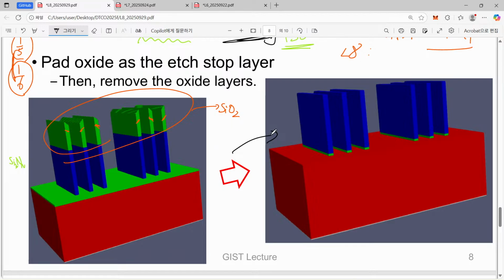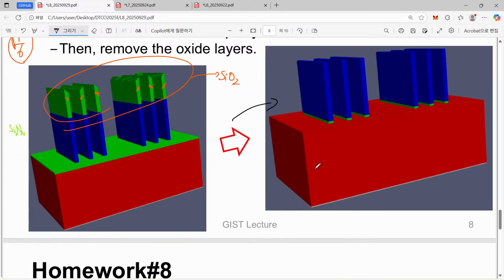Yes, that was my first initial thought, but when I had a look at the literature, the next part is called fin reveal. Sorry about that, I made a mistake.